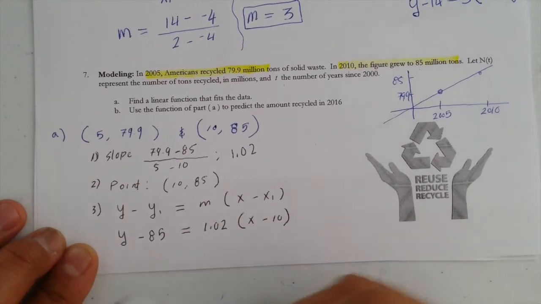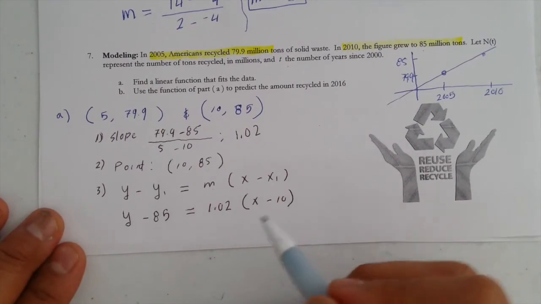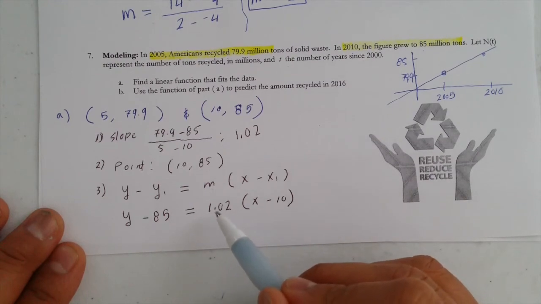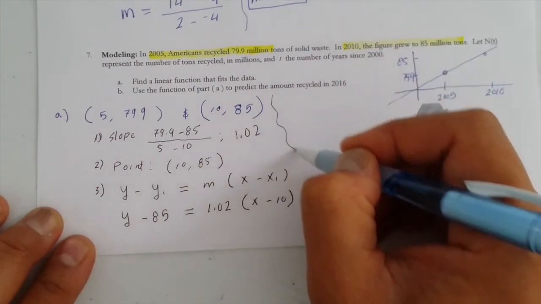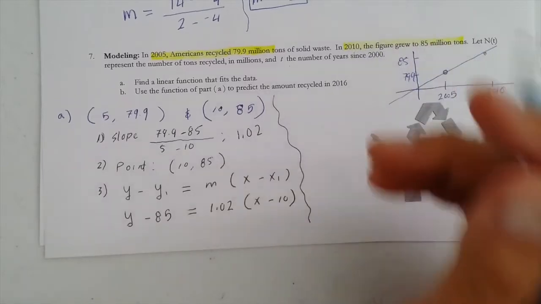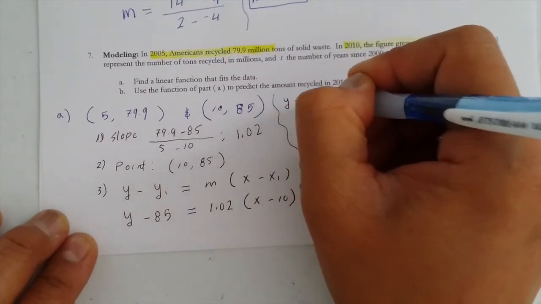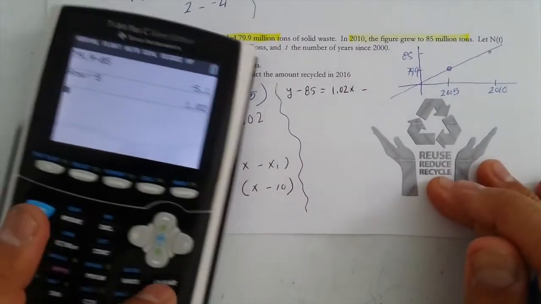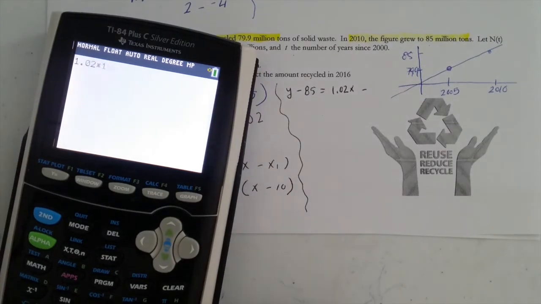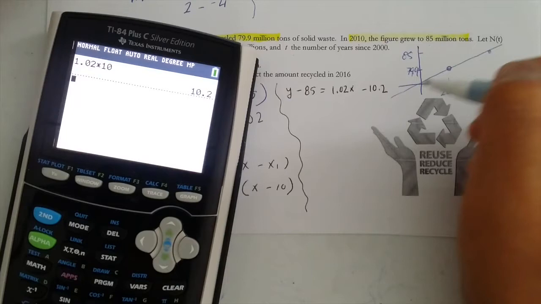This is an equation. We're going to distribute and then turn it into a function. We distribute 1.02 to x and 1.02 to 10, and then add 85 to both sides. 1.02 times x gives 1.02x, and 1.02 times 10 gives 10.2.